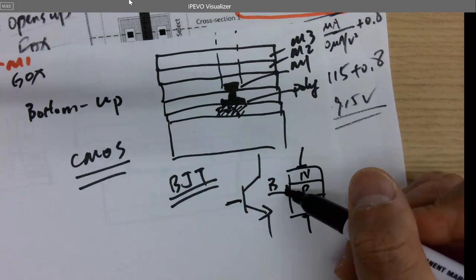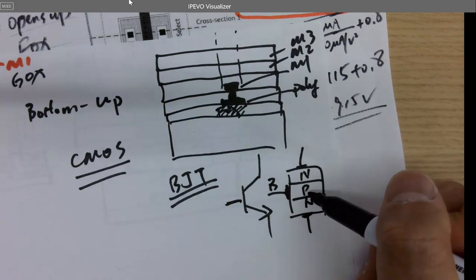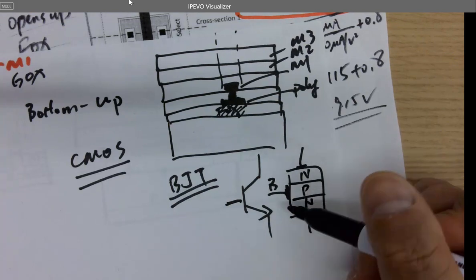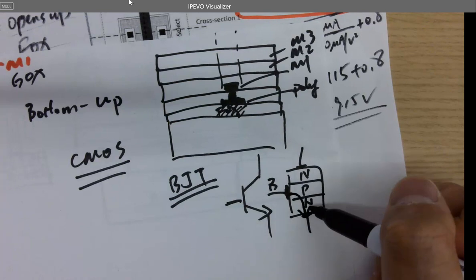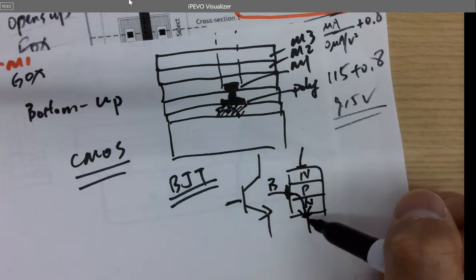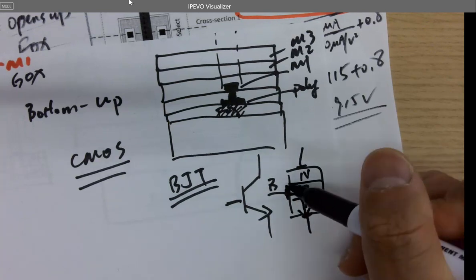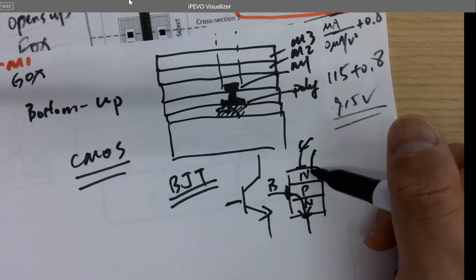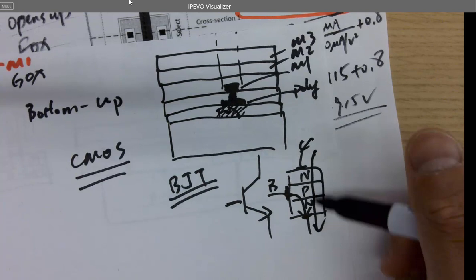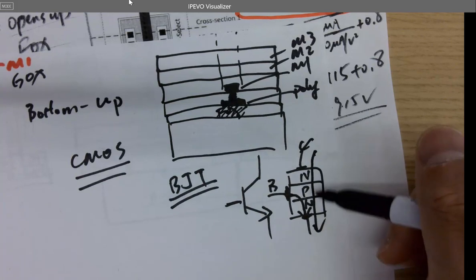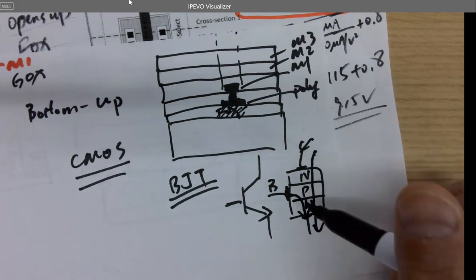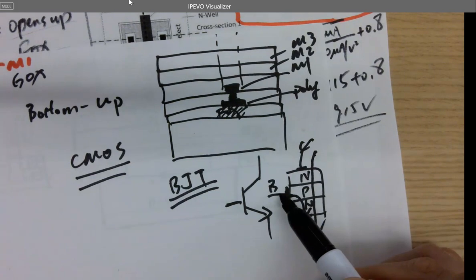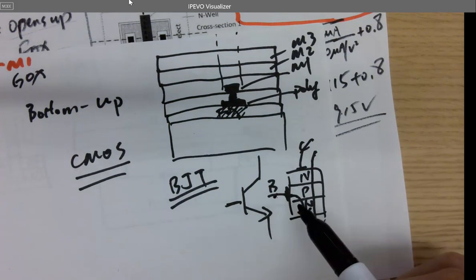Because it has direct contact with a P junction, a very small base current is always flowing in here. Whenever it's being used, you turn it on here, so a lot of current flows in this channel to amplify the current. But you can see there's nothing blocking it, so if you connect this to a voltage source, it's always running current.